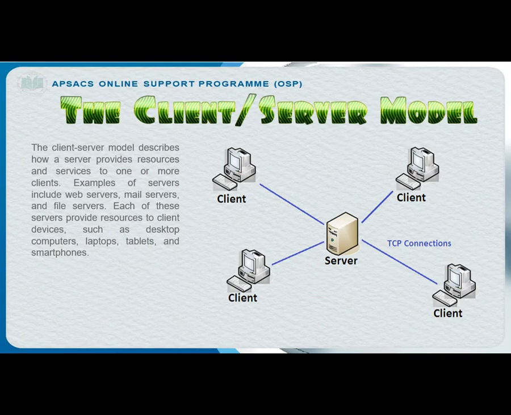Let's discuss the client-server model. First of all, what is a client and what is a server? We have discussed that a network consists of two or more interconnected computers. The client-server model works as a distributed application where some computers operate as servers and others as clients. Think of a shop where there are assistants and customers.